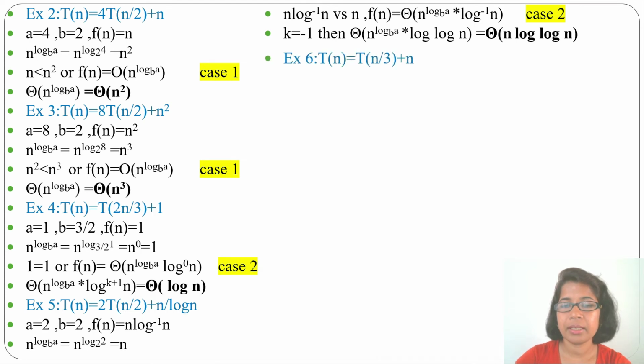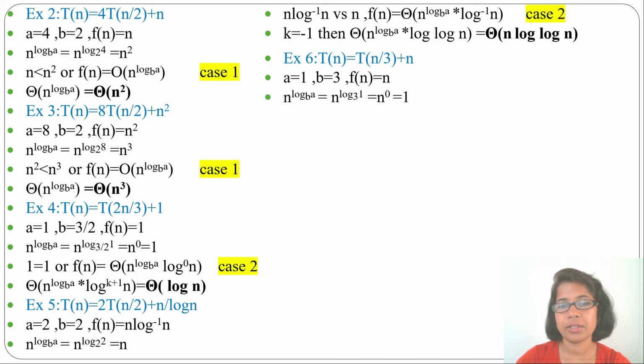Next example, Tn equals T of n divided by 3 plus n. Here a equals 1, b equals 3 and the function equals n. Next we need to find n power log a base b, n power log 1 base 3. Log 1 base 3 will be 0, so n power 0 will be 1. Next we need to compare n with 1.